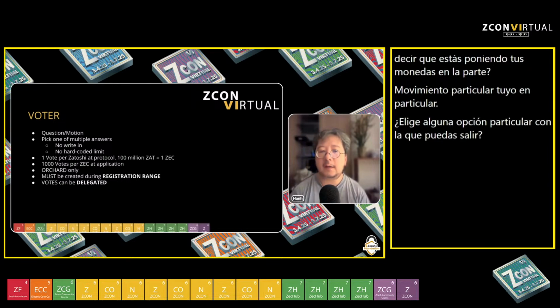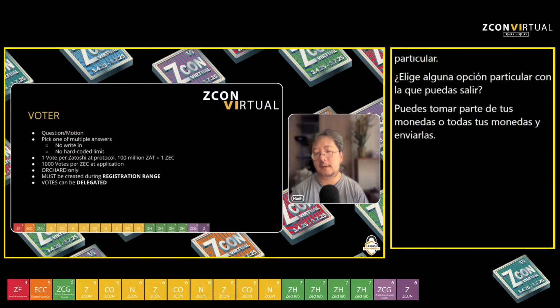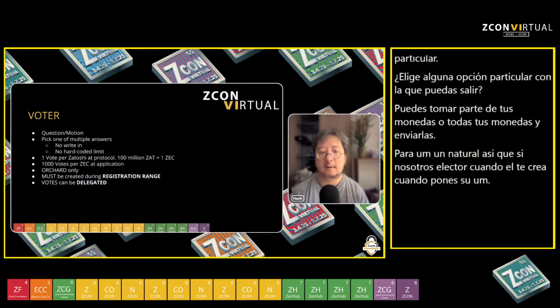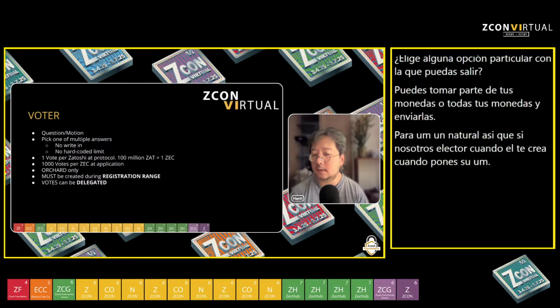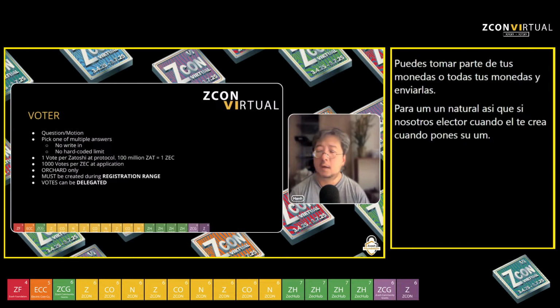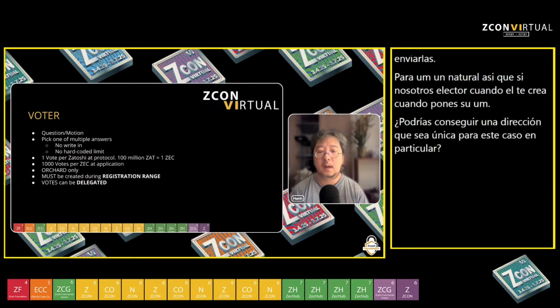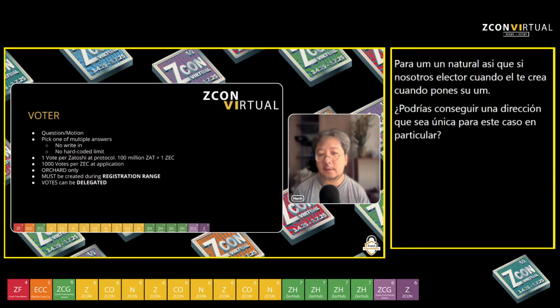So every elector, when he inputs his seed phrase to prepare his wallet for voting, would get an address, which is a unique address for this particular wallet. So this is like a unified address, if you want, but for voting only. And this address allows you to send to somebody else.